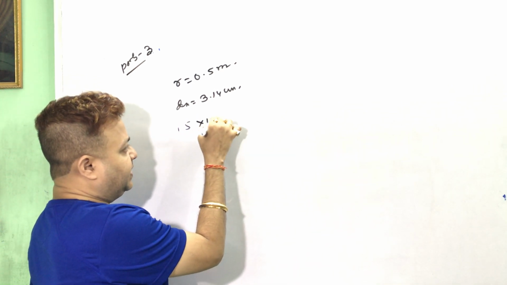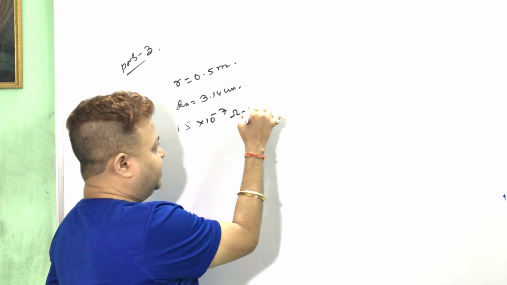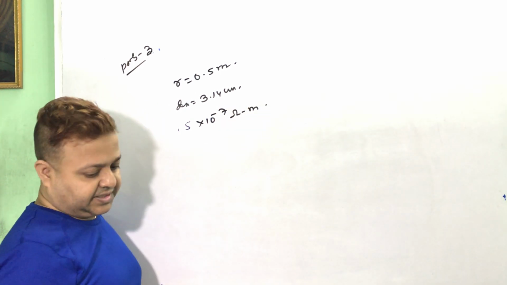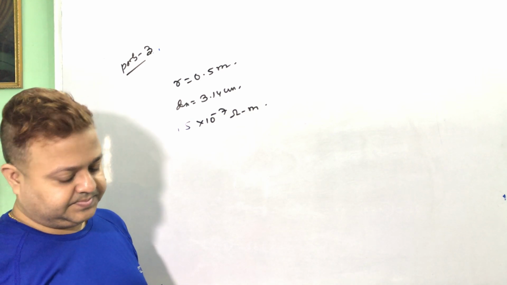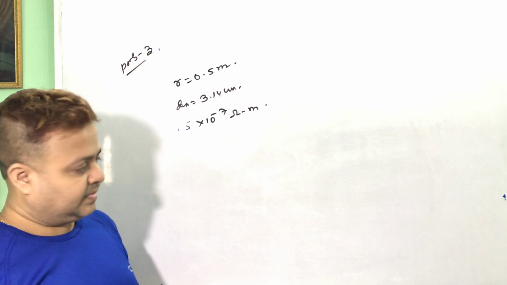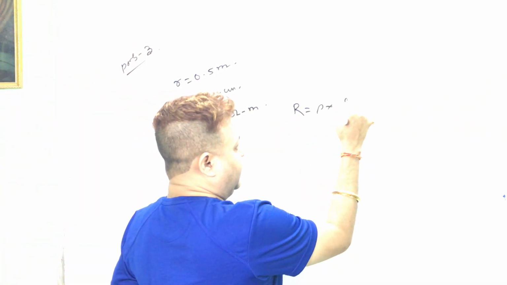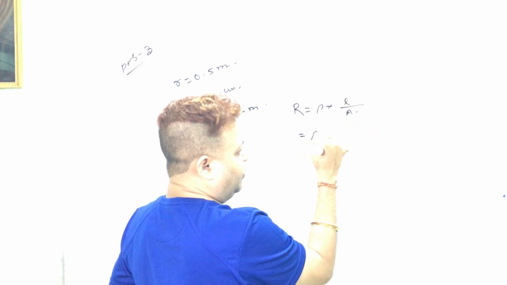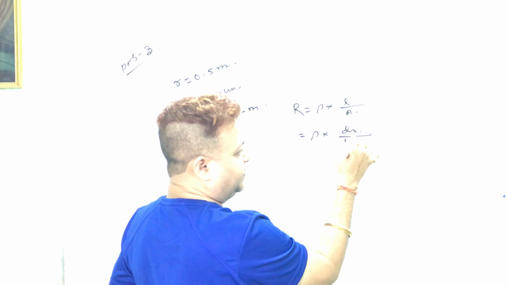is 1.5 into 10 to the power minus 7 ohm meter. This is the specific resistance. Here R equal to rho into L by A, where L is the thickness and area is pi r square.